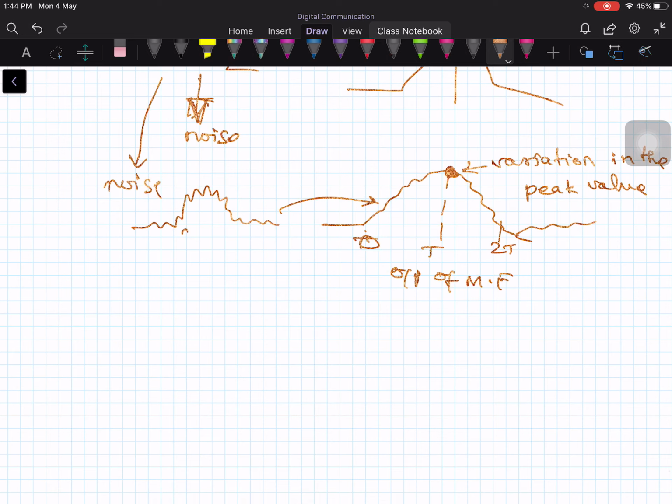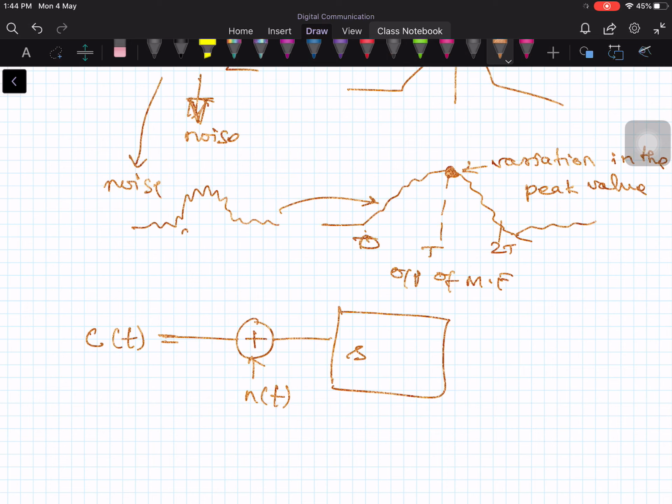So the complete diagram is as follows. You have the transmitted signal C of t, which is transmitted over a channel and contaminated by noise N of t, and this is given to the matched filter. The matched filter is matched to, let me write properly, because you are taking the sample at capital T minus t.